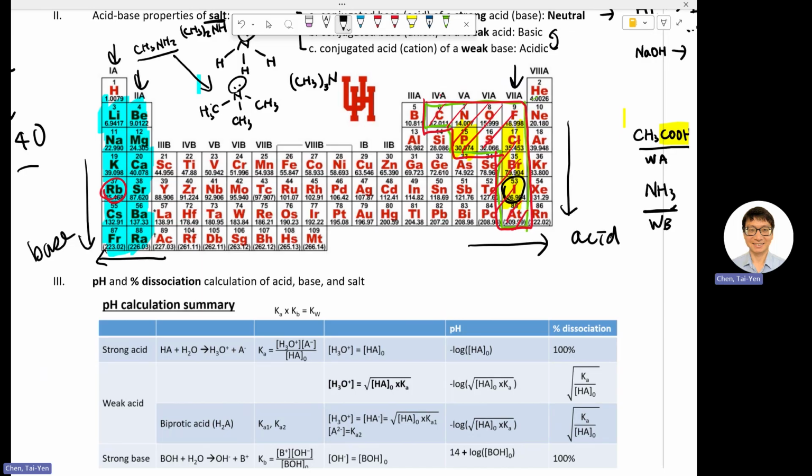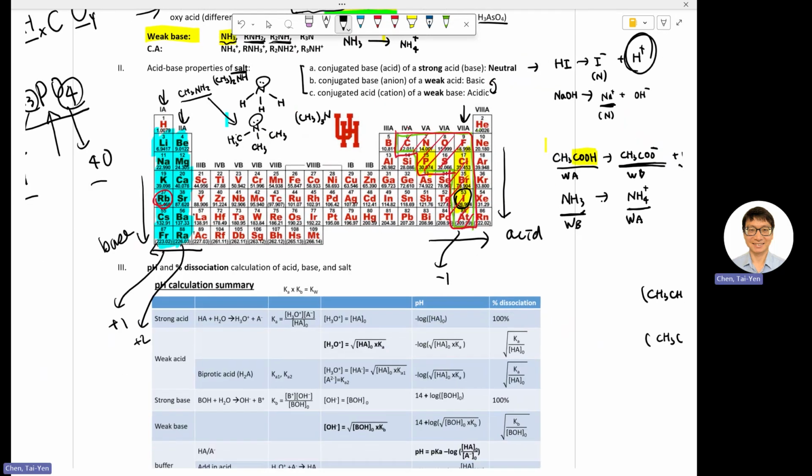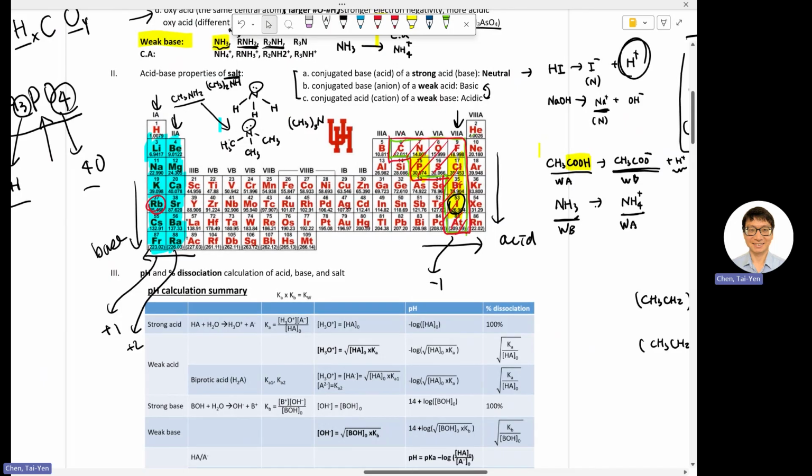So that's something that you need to memorize. Anything in your 1A elements, once it dissociates, gives you +1. This gives you +2. That gives you -1. Those are the prior knowledge you should have.